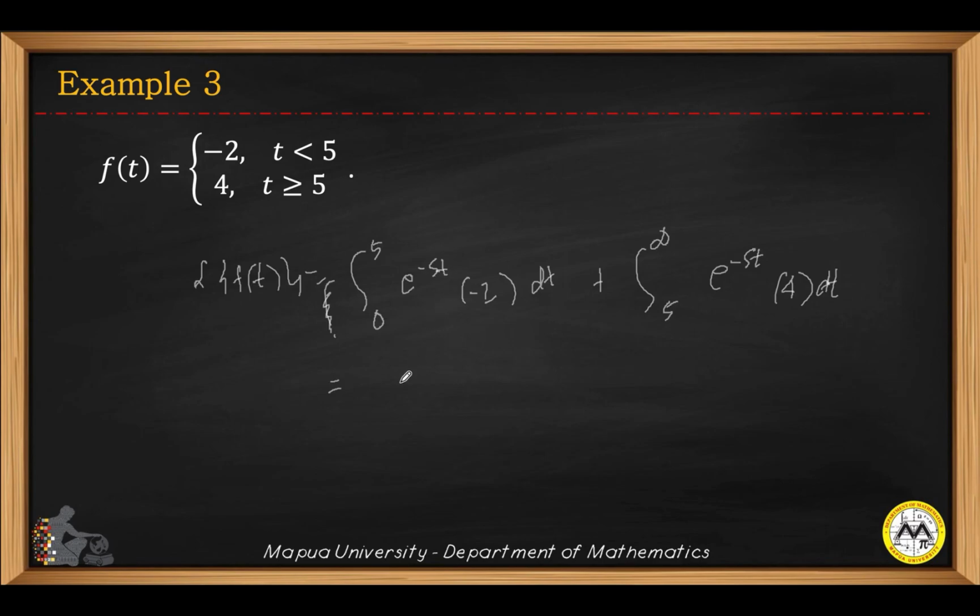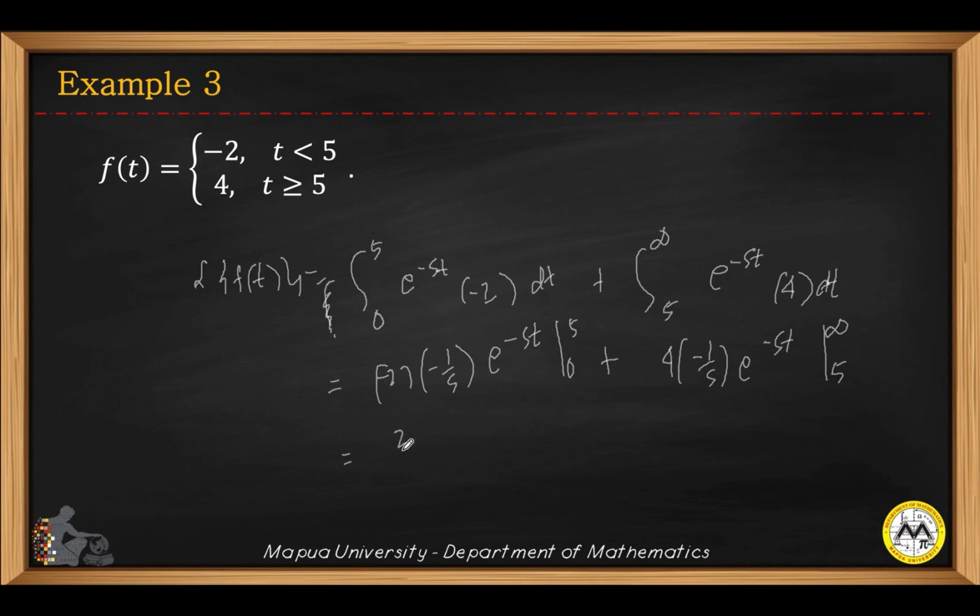So this will be negative 2 times negative 1 over s e to the negative st, from 0 to 5, plus 4 times negative 1 over s e to the negative st, from 5 to positive infinity.